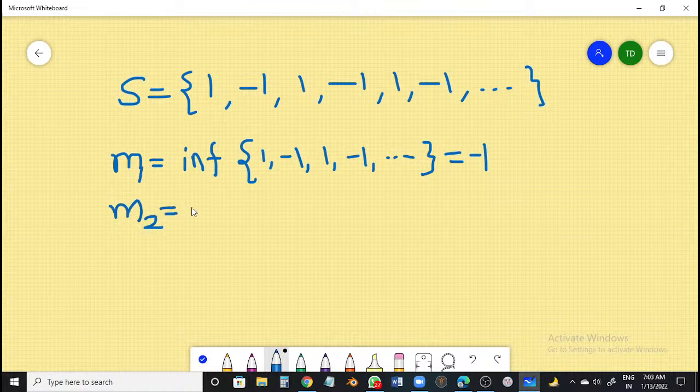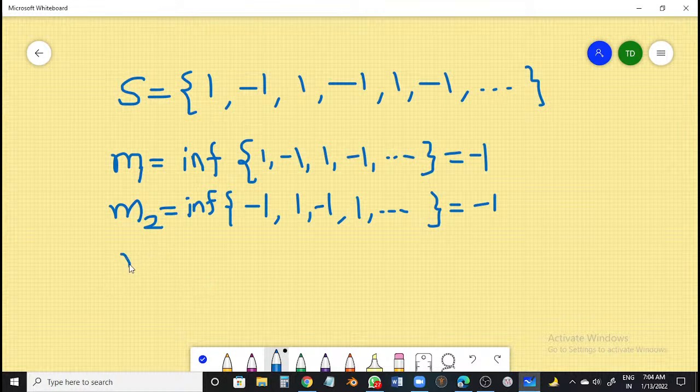If you go with m2, we are talking about the infimum of the set where the first term is not taken. We start from the second term, -1, 1, -1, 1 and so on. Still, the infimum is -1, the smallest value is -1. So every time, small m1, small m2, small m3, all of them are -1.